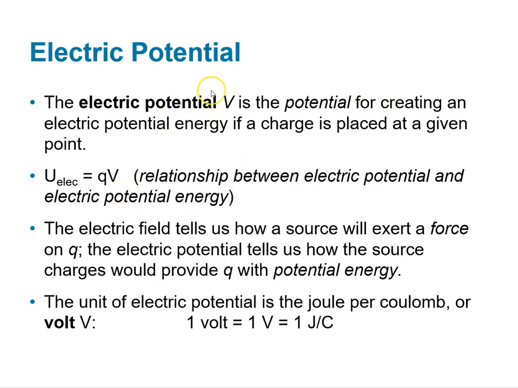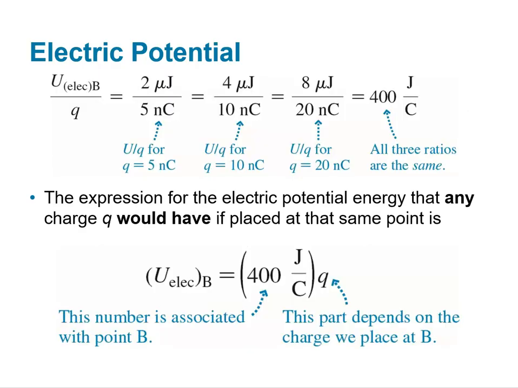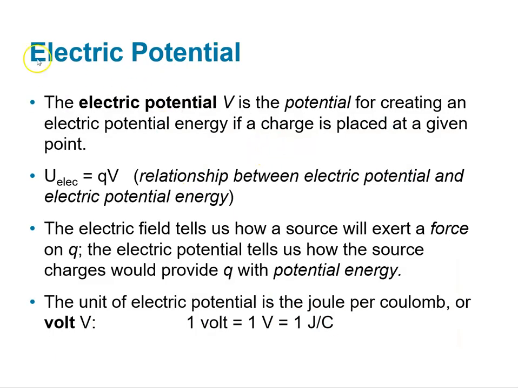So this value V is the same, and it's the ratio of energy to charge. And then when you multiply that by the charge, you get the amount of potential energy. So that tells you the relationship between the electric potential and electric potential energy.